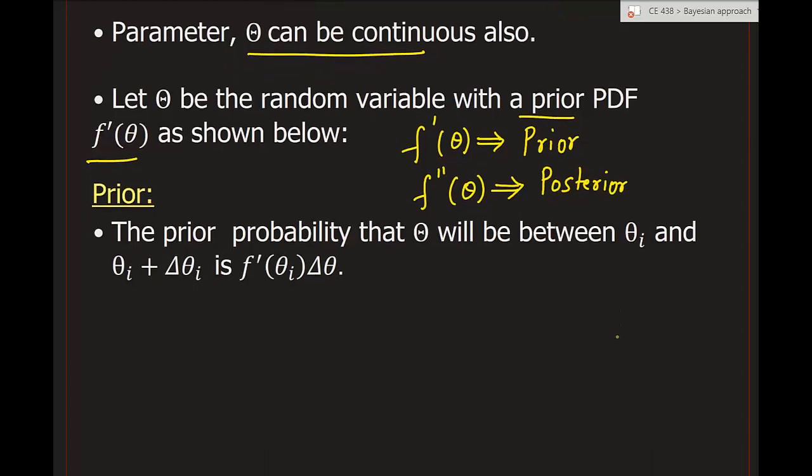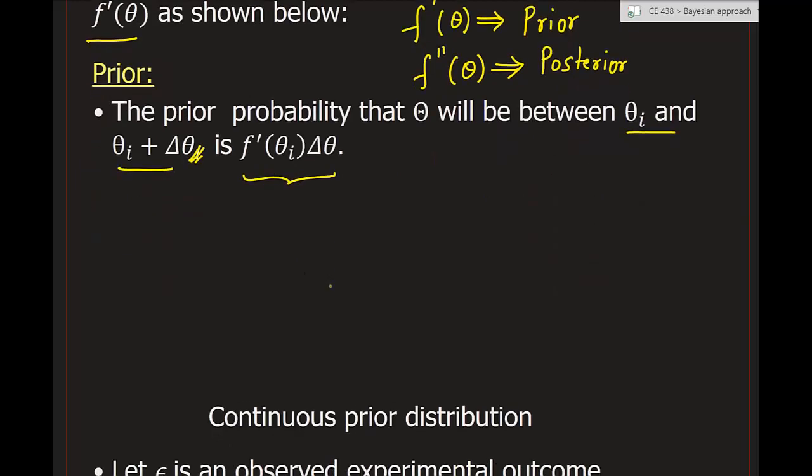So let's focus on these terms: prior, posterior and likelihood. First, the prior. The prior probability that theta will be between theta i and theta i plus delta theta is given as f' theta i times delta theta. To illustrate this, let's say we have a continuous distribution for my parameter theta.